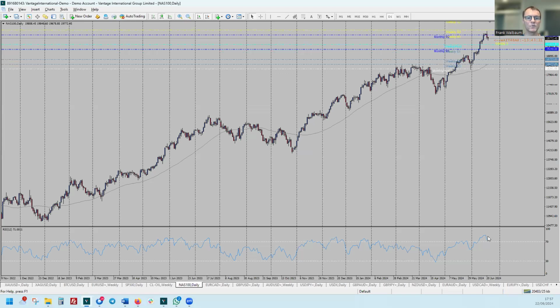That's not a big surprise here, as we've seen markets were in quite overbought condition, meaning rising to the upside. The S&P as well as the NASDAQ is currently in well overbought territory based on the relative strength index.